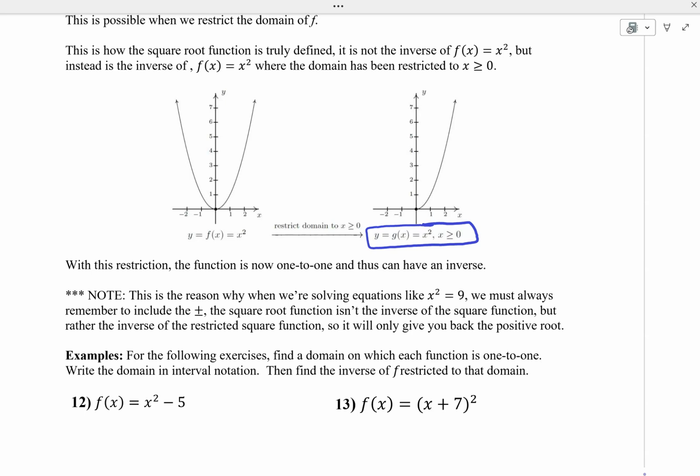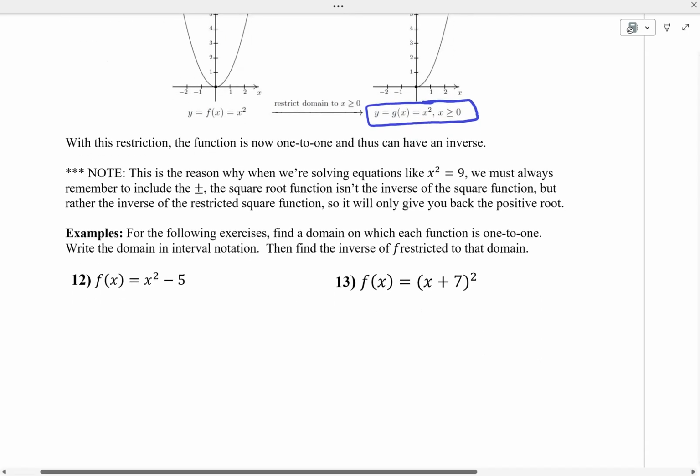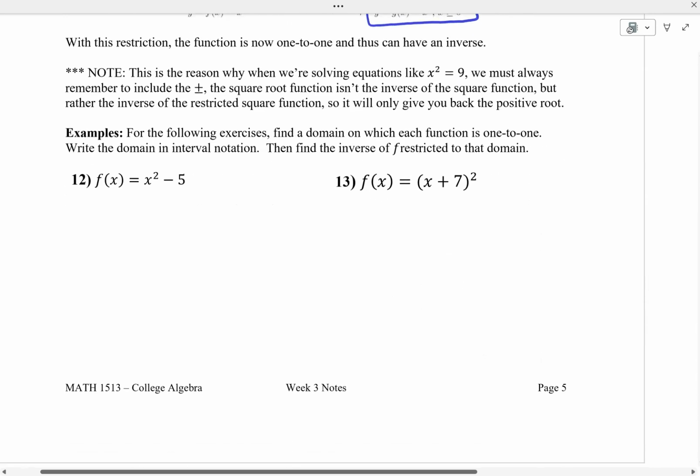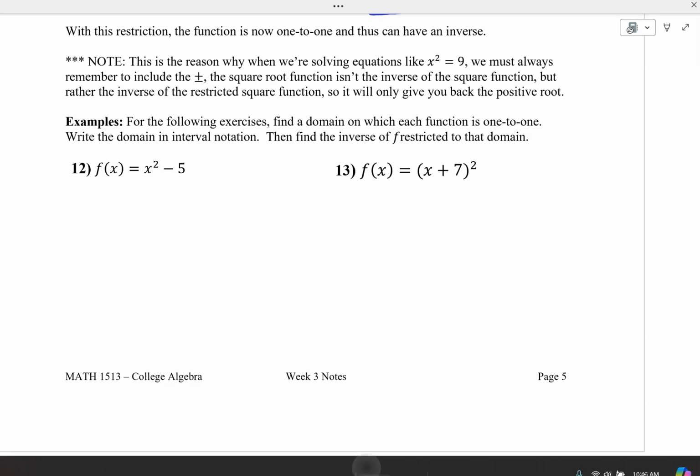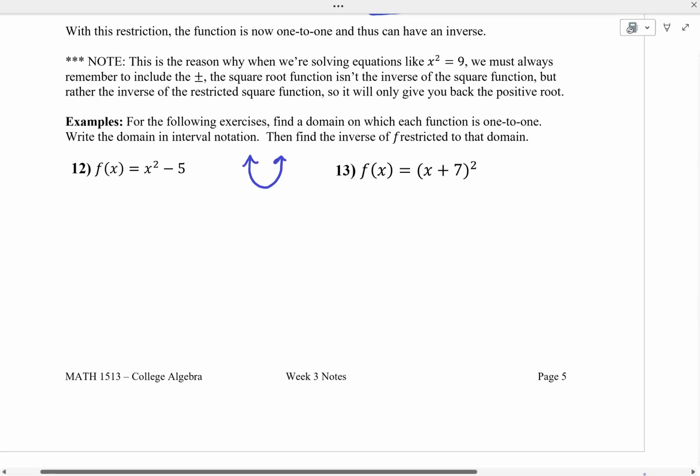So I have to find a domain on which these functions would be one-to-one. Then I can find the inverse. So I want you to think about these problems. If I have just x squared, that's the parent function, and I say minus 5, then that means my parent function, there's the parent function x squared.